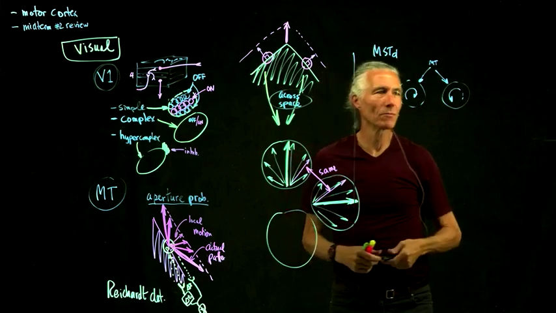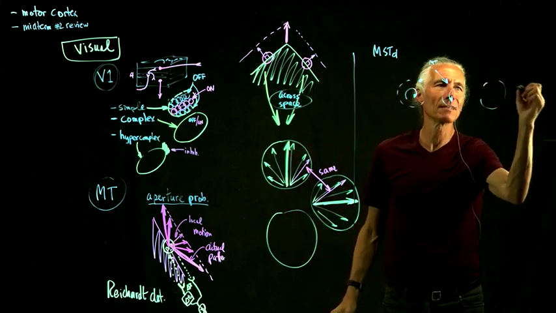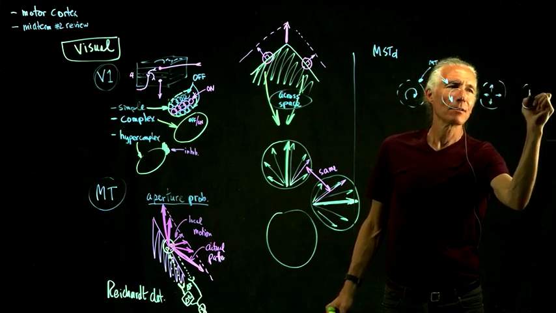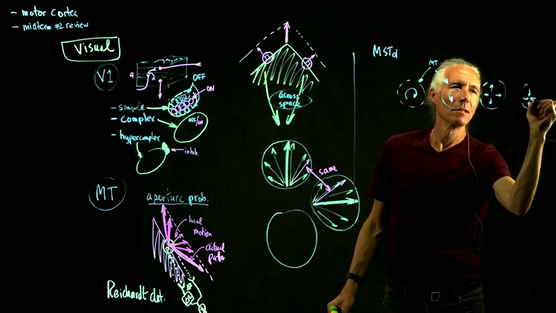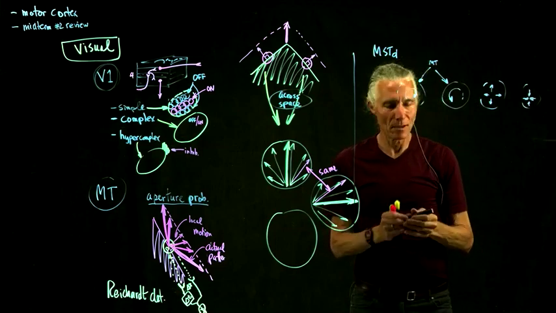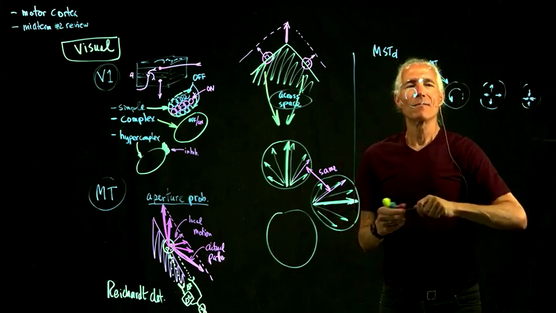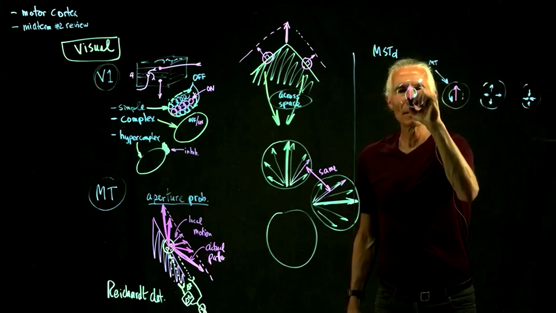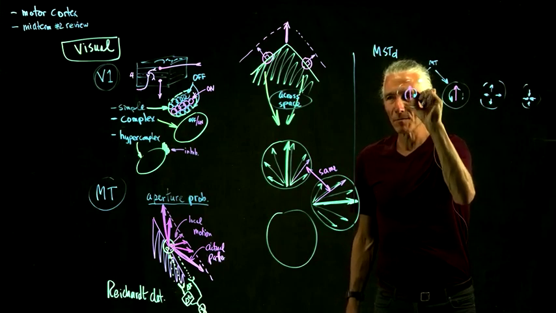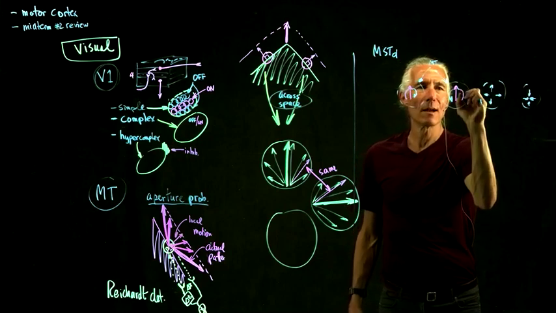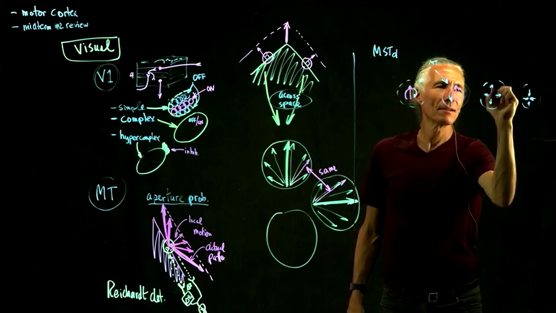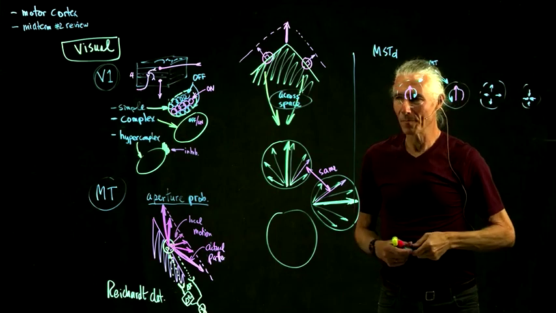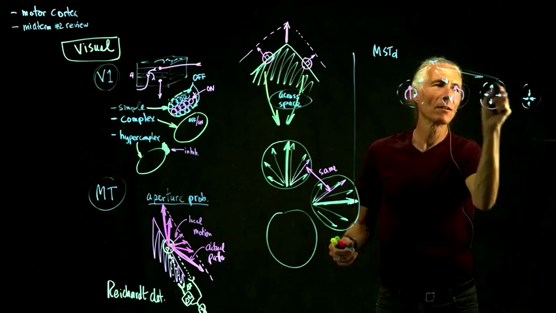How do you do that? Well, just take an MT receptive field like this and try some expansion and then try some contraction. No difference. It might respond a little bit because, if this MT neuron happens to like up, well, there's a little bit of up in this rotating pattern, and there's a little up in this rotating pattern, and there's a little up in this expanding pattern, so it'll respond a little bit to all of them. So MT would say, yeah, all of those are good.